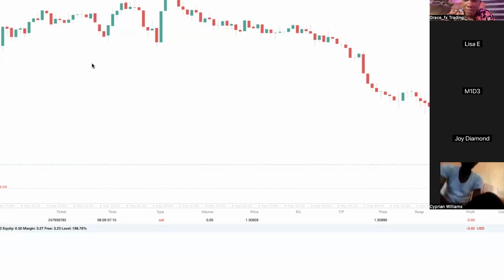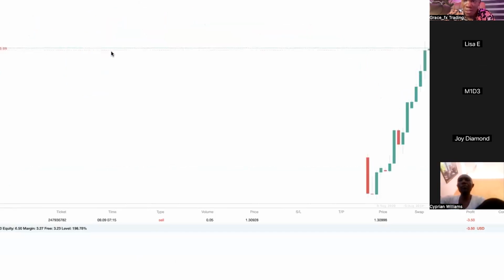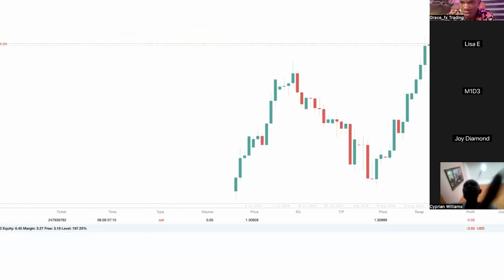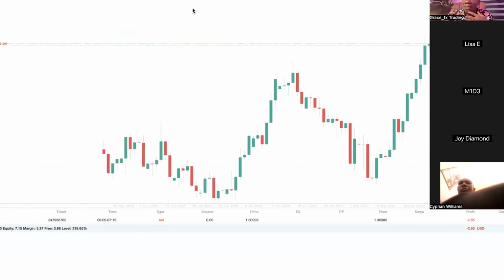If you go to the daily time frame, there is a bearish direction on GBP USD. You can see it's a bearish direction. So the target should be here, this level gap here or here. Okay. But it's a late entry, all right? It's a late entry because it wasn't planned for. I didn't see it on time.